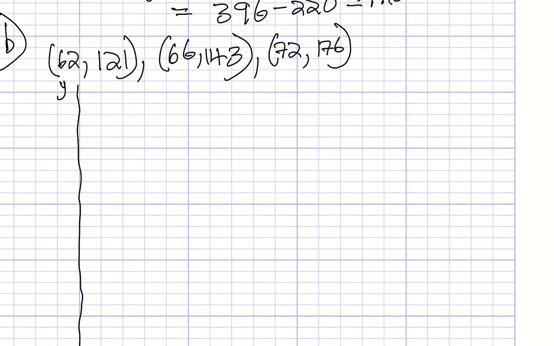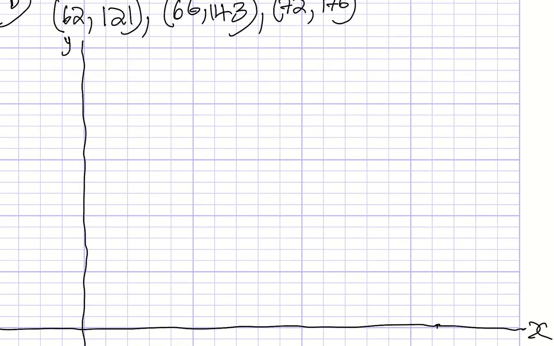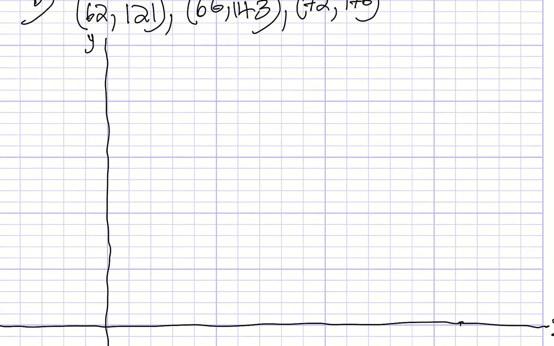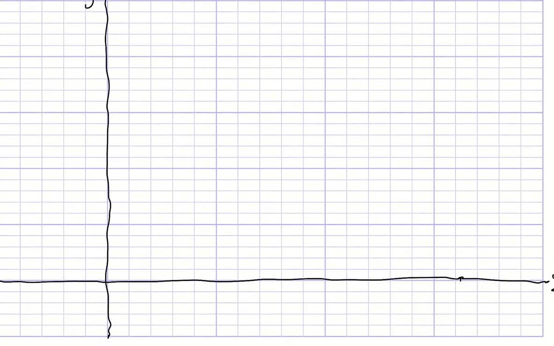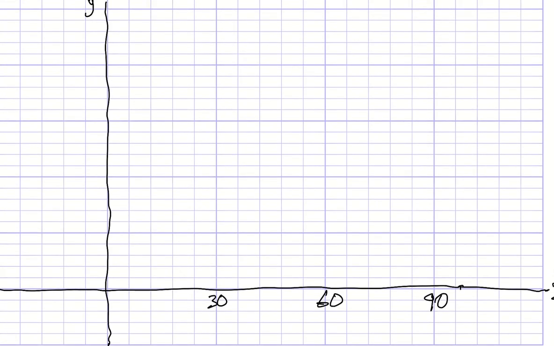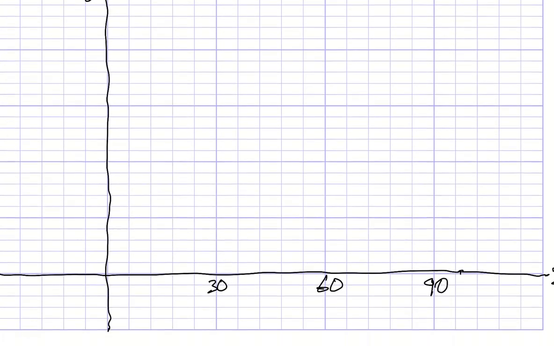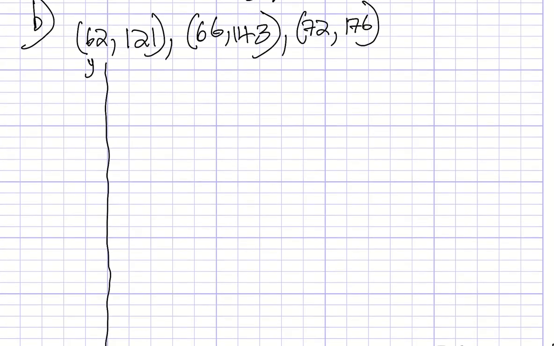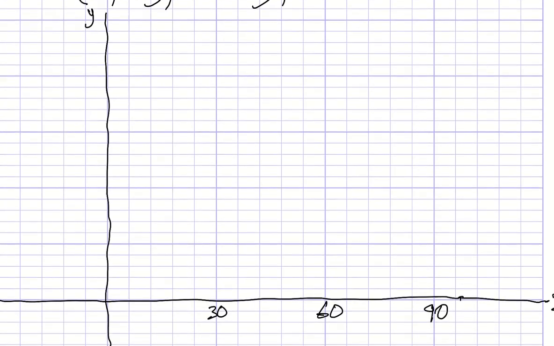Yeah, that would be good. Yes, that's for X. So we'll say 30, 60, 90, right? The highest we'll have is 72. Yeah, that thing is actually good for X, okay? And then Y, the highest we'll have is 176. So you gotta make sure that you choose the unit, that way you don't have a problem when you're drawing it.